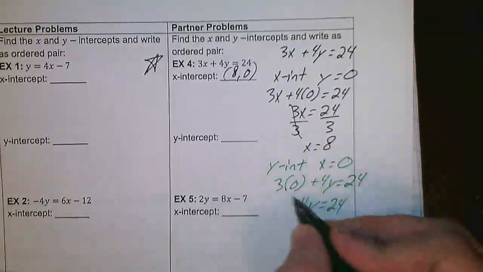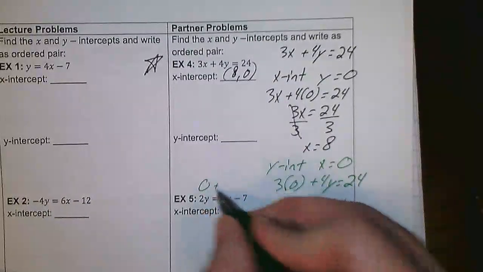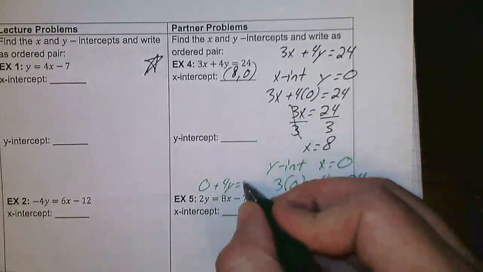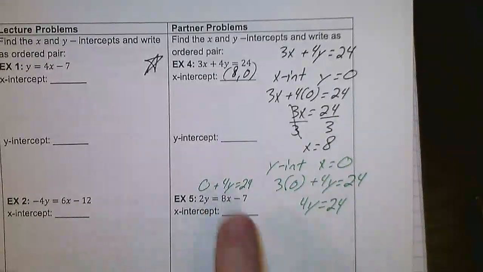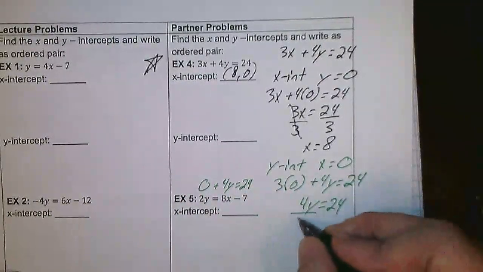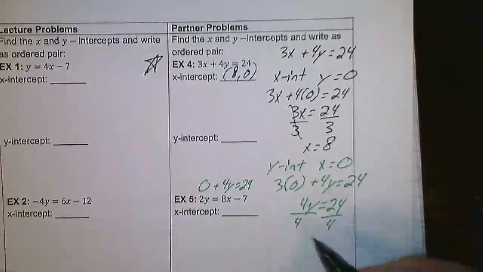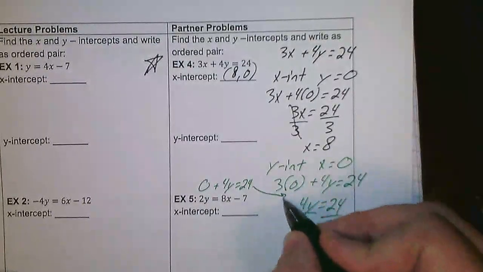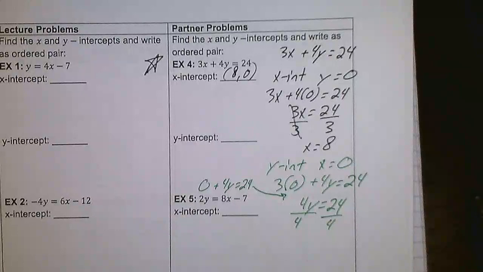In case there's any confusion, 3 times 0 becomes 0. So it's 0 plus 4y equals 24. And we kind of drop out the 0 and go straight to here. So that's like the missing step, in case you needed it.